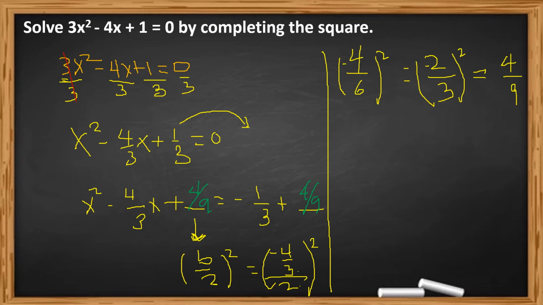Okay? Now, so, obviously, our left side of the equation, this one is already a perfect square trinomial. So we can transform it now into a square of binomial. So yan, square of binomial. Square root of x squared, our first term here, is x.